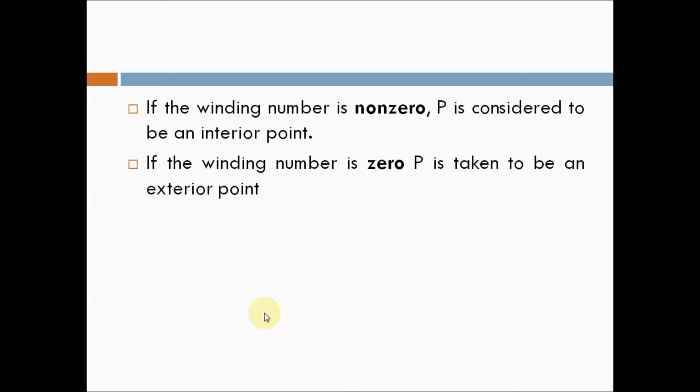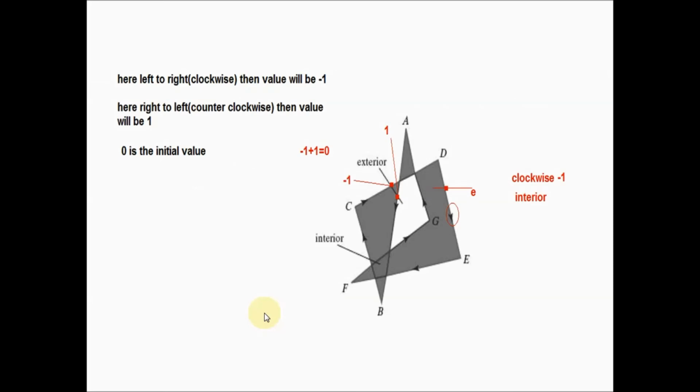But if the winding number is 0, then it is considered as exterior. Getting, guys? If the winding number is non-zero, negative or positive, then it's an interior point. If the winding number is 0, then you can consider it as an exterior region or exterior point, right? See, very easy, don't get confused.